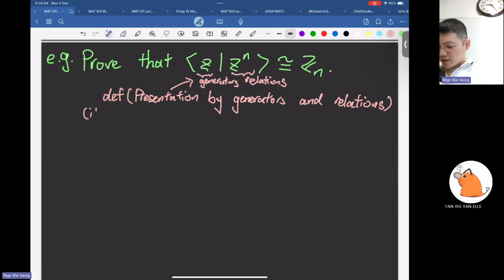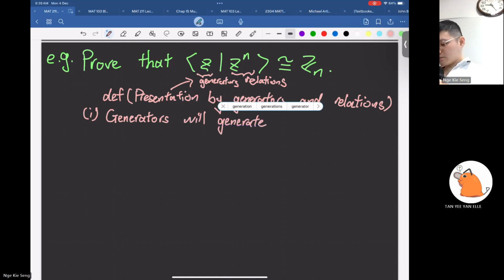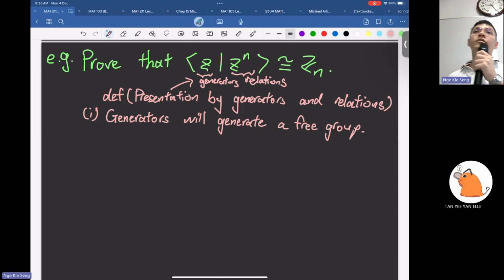In this definition, the generators will generate a free group, meaning I use the generators to make all the words. You can do A inverse A cancellation here, so it forms equivalence classes.